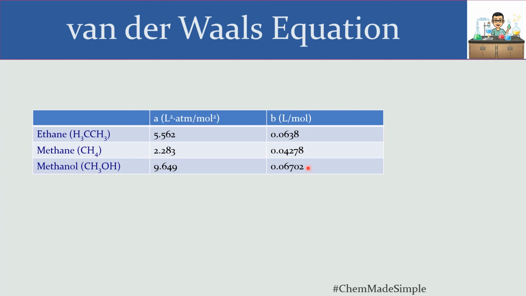And methanol is slightly bigger than methane, so it's got a B value that is slightly bigger.